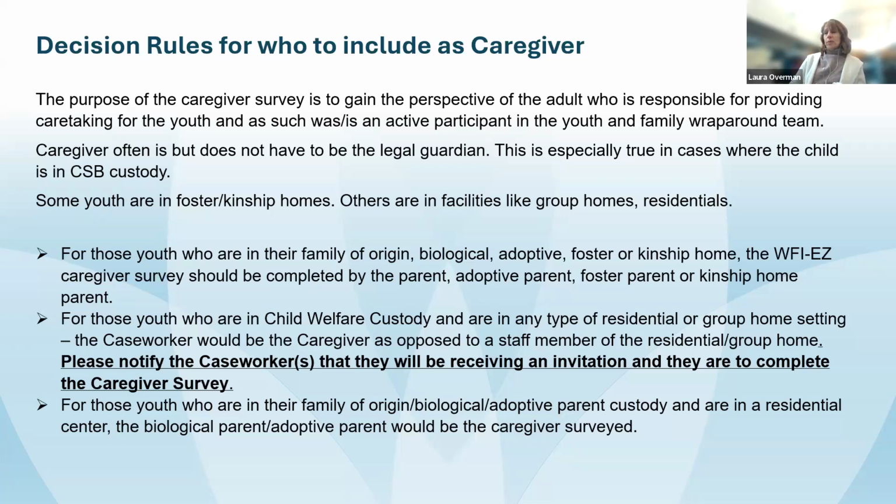But if the youth is in child welfare custody and in any type of residential or group home setting, the caseworker would be the caregiver as opposed to a staff member in the home.